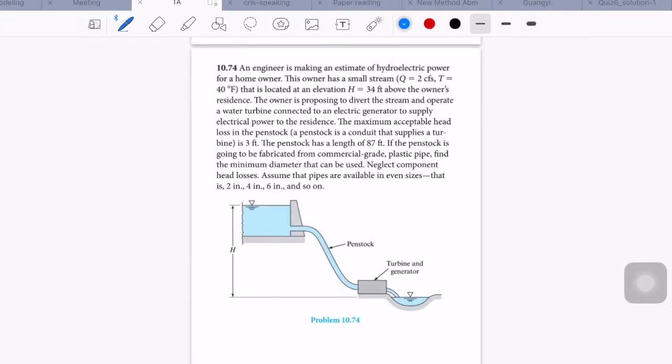For the fifth problem, we need to find the minimum diameter of the pipe. And the method is similar to the second problem. So from the Darcy equation, we have hf should be equal to f times L over D times V squared over 2g. Also equals f times 8 times L times Q squared divided by g times pi squared times D to the power of 5.